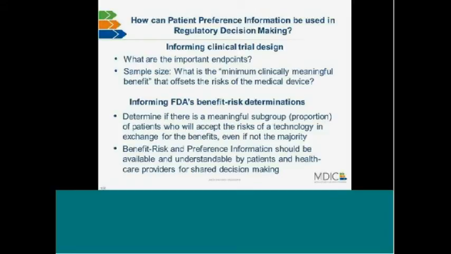So to inform CDRH on the benefit-risk determinations, we need to know what's the subgroup of patients, independently of other covariates, for which the benefits would outweigh the risks. And benefit-risk preference information should be available and also understandable to these patients.